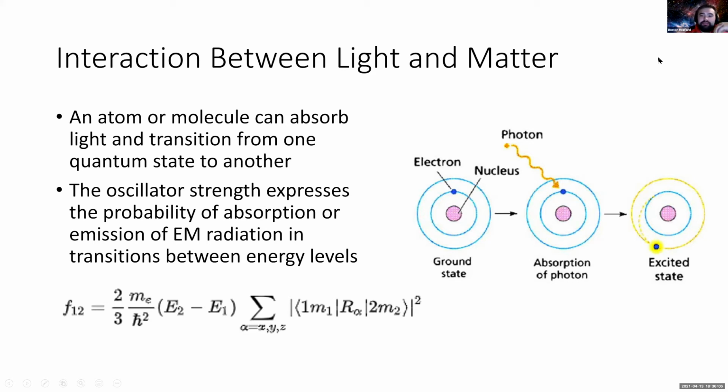An excited electron can drop down to an unexcited state and emit a photon. There is a measure of how likely an electron is to be excited to another state, and that is called the oscillator strength, and you can see that equation down here. That is the measure of the probability of absorption or emission of electromagnetic radiation between two different energy levels.